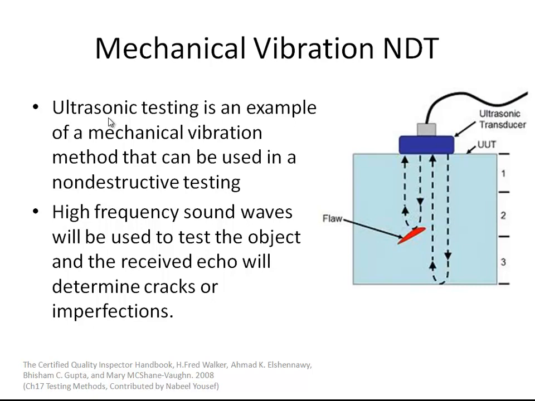The figure here shows how the ultrasonic vibration has been sent through the material and received, and if we have a flaw like we see with the red highlight here, it will reflect that in the system, showing that there was some kind of obstruction in the material or a break inside the material that will show on the screen.